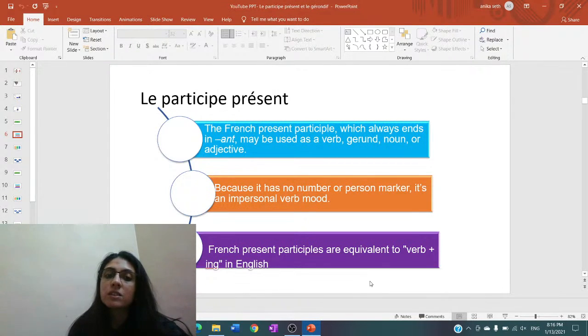Over here, the form which ends with ant is the present participle. Also, the present participle is an impersonal verb mood. Impersonal means that we are not referring to a particular person with the help of this participle; we are not conjugating the verb with a particular subject pronoun or noun. So that is why it is impersonal. Whatever the subject of the sentence, the present participle will remain the same.